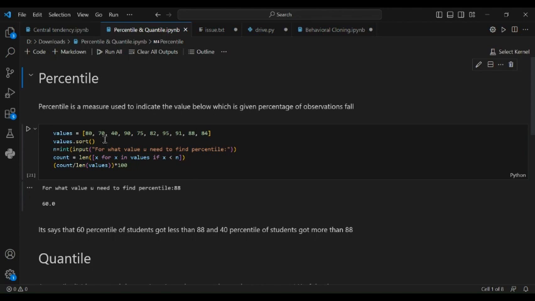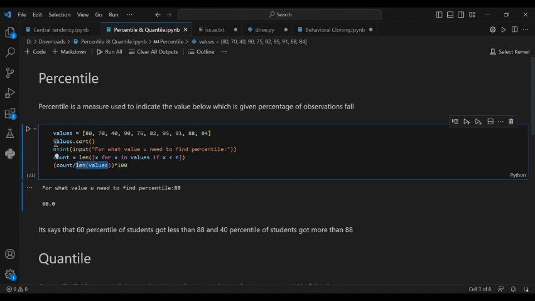As I mentioned, in the percentile I took 88. So below 88, whatever values are there, I took the count, divided by the length of the values, which is the total number of marks, and multiplied by 100. That is small n divided by capital N, multiplied by 100.